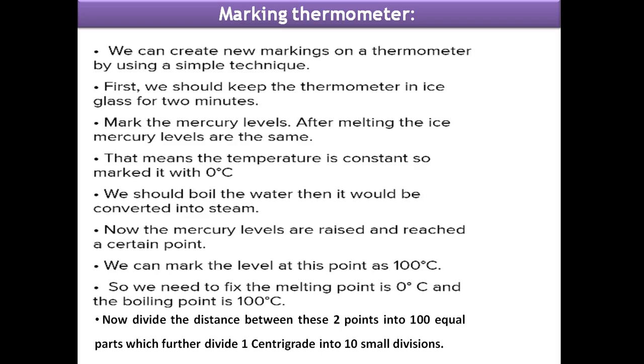We further divide 1 degree into 10 small divisions, like on our scale 1 centimeter is equal to 10 mm. Each small division represents 1/10th of a degree, that is 0.1 degree Celsius or centigrade. In this way we can create new markings on a thermometer.